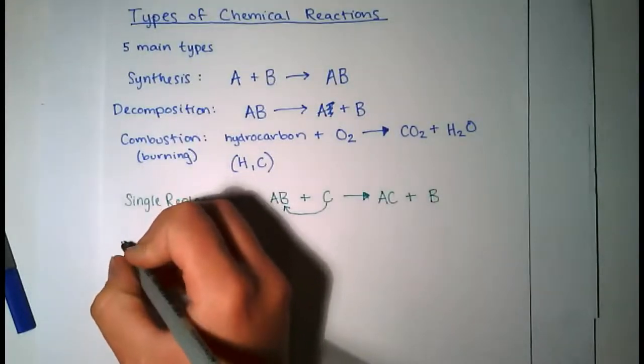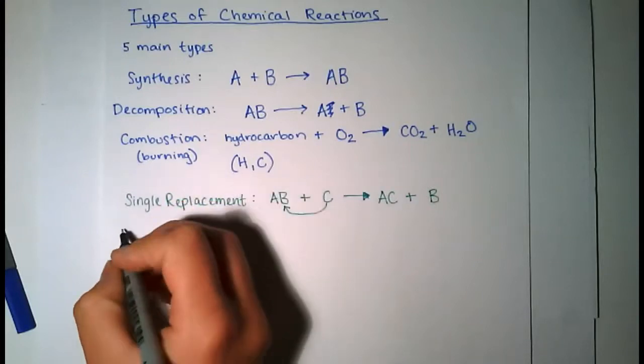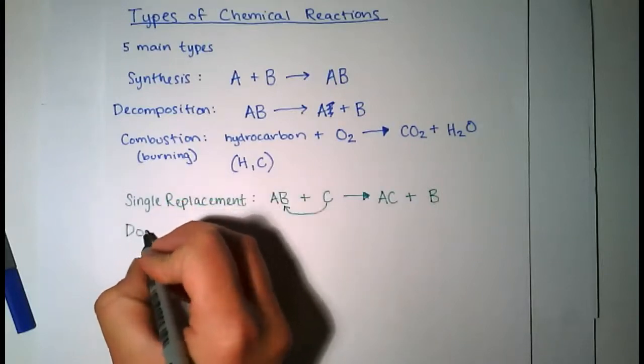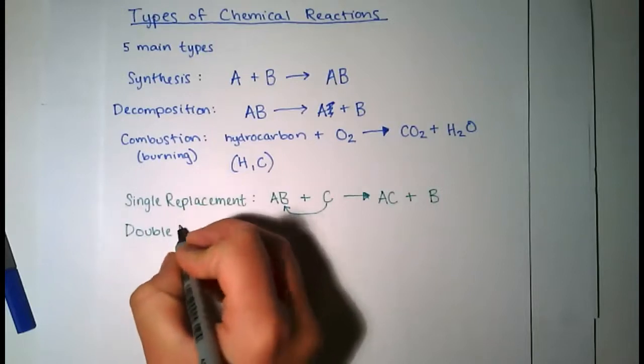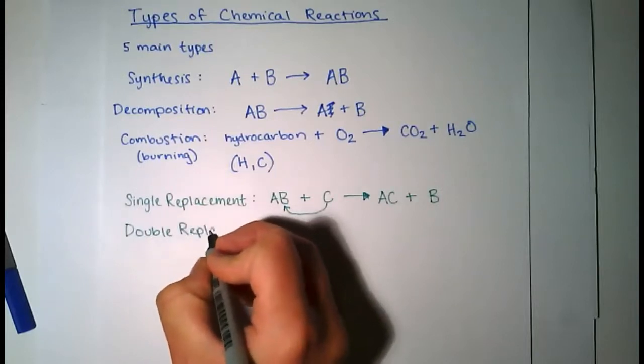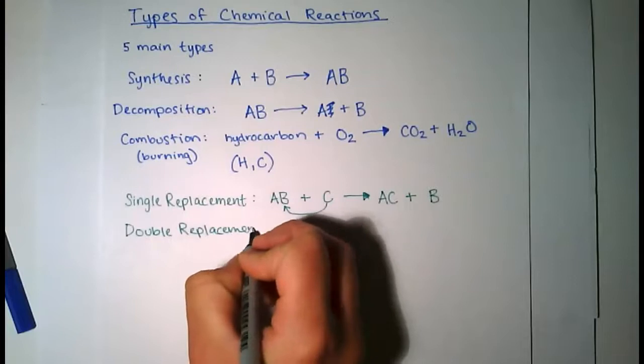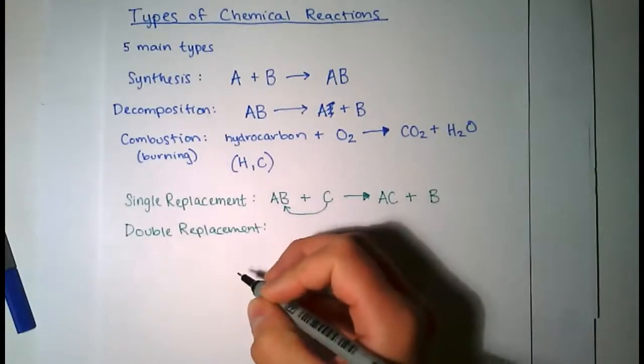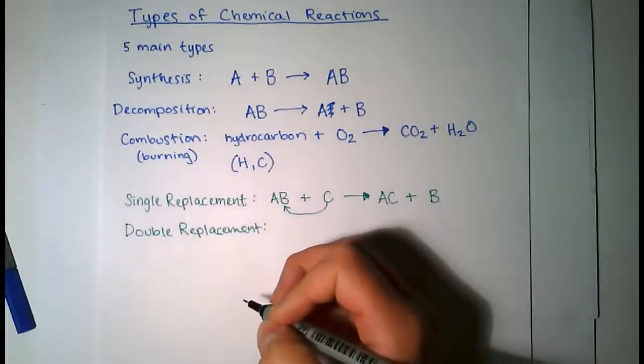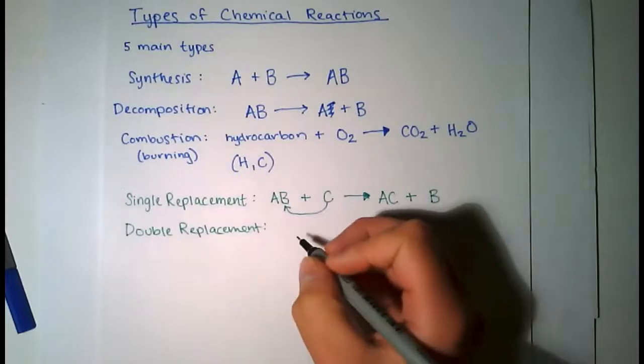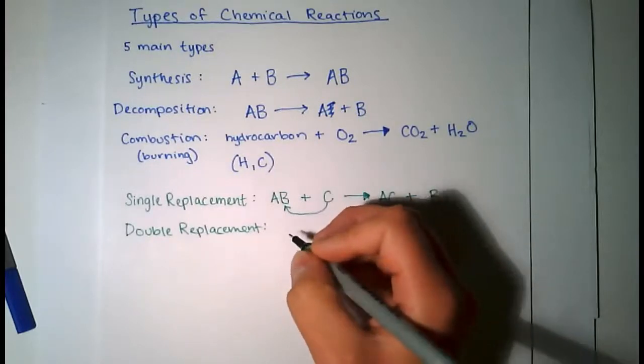So we have AB plus C. C comes in, replaces B, so then our products become AC plus B, with B kicked out by itself. We then have a second type of replacement reaction called double replacement. In double replacement, we have 2 ionic compounds, and you can think of them as switching partners.